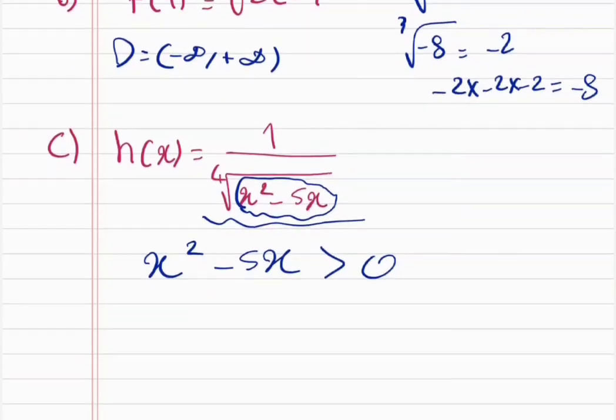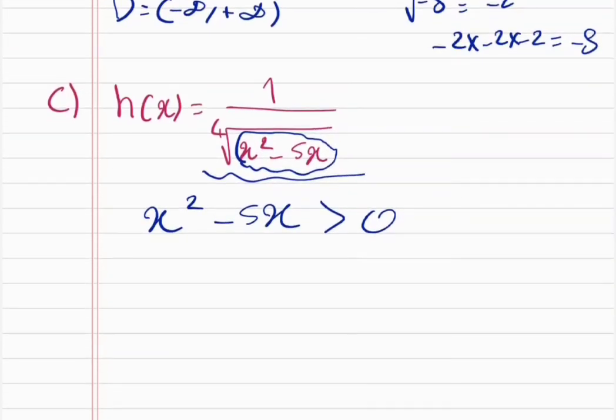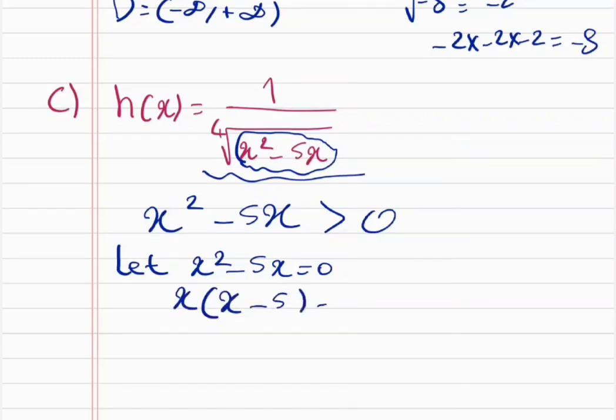So now we just have to solve this inequality. We can try to solve this as if it were an equation, and then we can find the different ranges for x. First of all, it's a very simple quadratic equation. You can just factorize, and this gives you two values for x: x is 0 or x is 5.